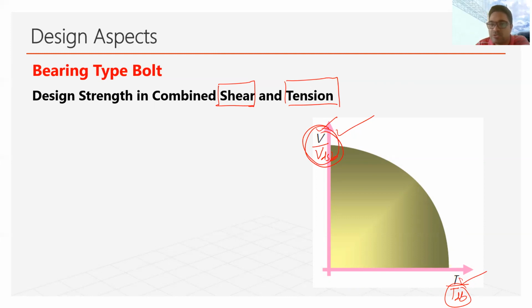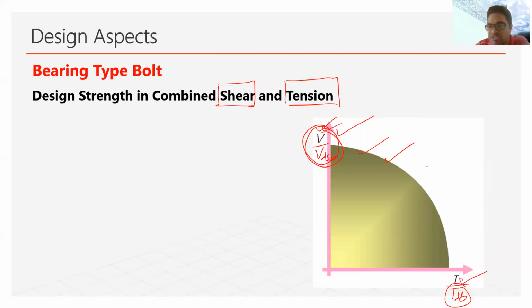Using these two values we can draw the interaction diagram, and the equation of this curve. This curve may be elliptical or circular. The equation of this curve gives us the strength of the bolt in combination of shear and tension, I mean to counter shear and tension altogether.